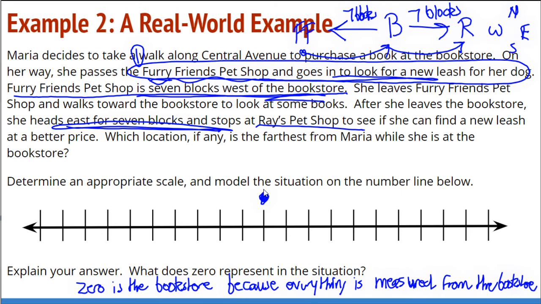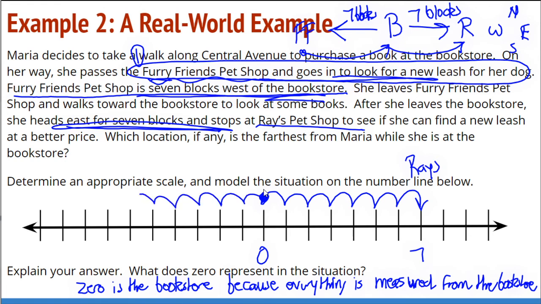And I go 7, 1, 2, 3, 4, 5, 6, 7, and this is Ray's. And I go 7 the other direction, west, 1, 2, 3, 4, 5, 6, 7, and I've got Furry Friends. I've got the bookstore in the middle.